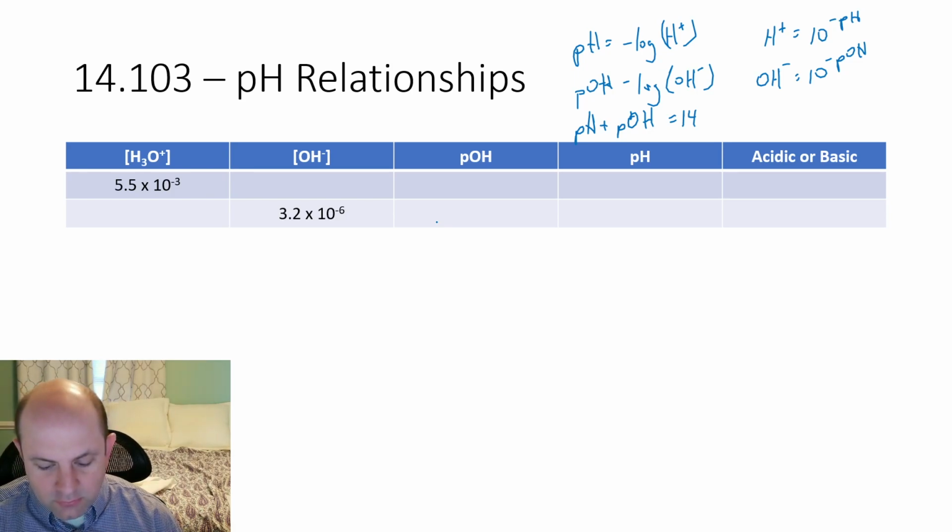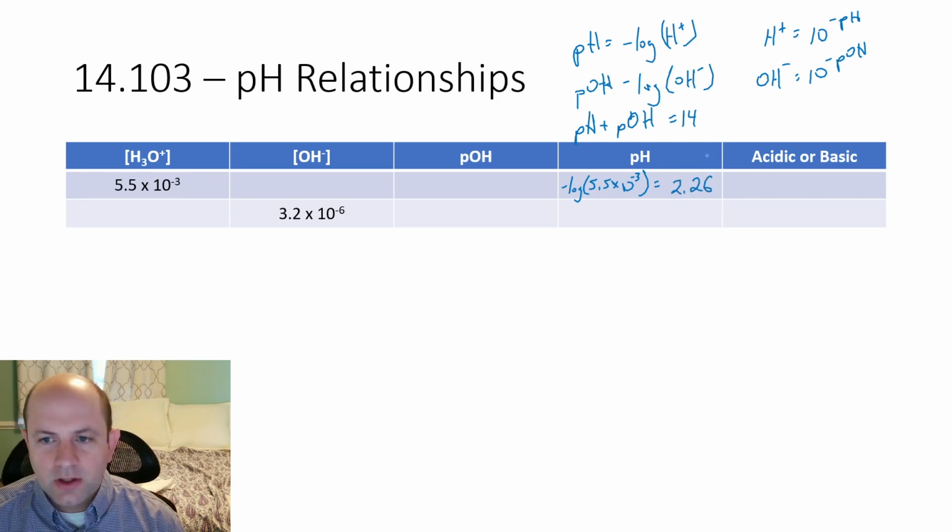All right, and so if we do that, we get the pH. That's the other thing with these columns, you may not be solving them left to right. When we type in negative log of 5.5 times 10 to the negative third, that is equal to 2.26, so that's the answer you want there.